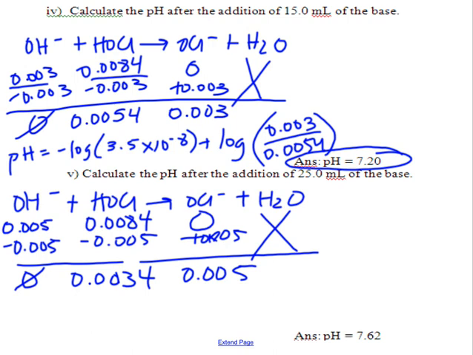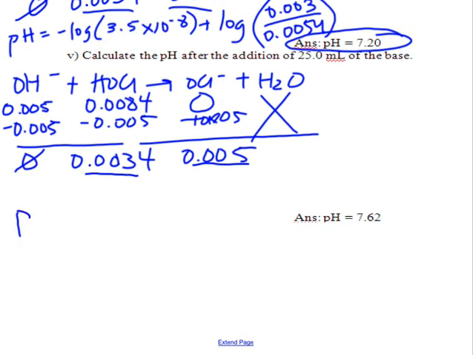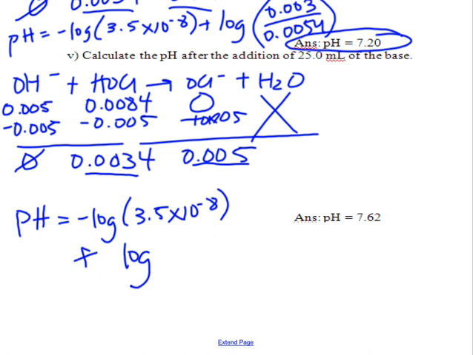Okay. Notice how our conjugate base is kind of taking over the amounts. So here we had more acid than conjugate base. Here we have more base than conjugate acid. So we're converting more and more into that conjugate. So again, this is a buffer. pH is equal to the negative log of 3.5 E negative 8 plus the log of the concentration.